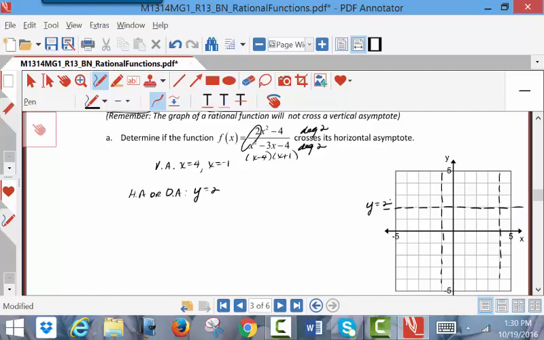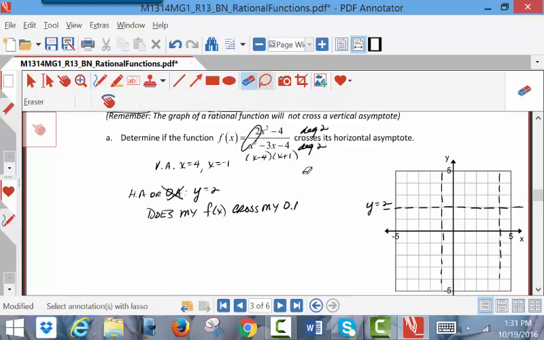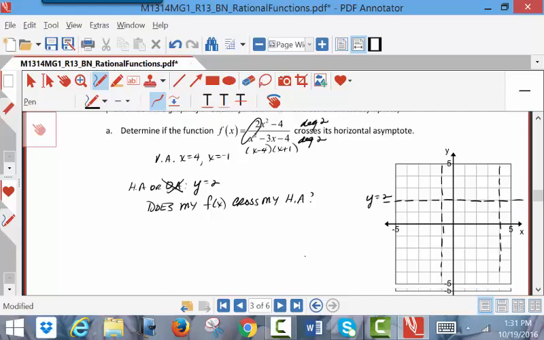It might cross it. So to determine if it's going to cross it or not, does my f of x cross my oblique, it's not oblique, it's horizontal asymptote. Does it cross my horizontal asymptote? That's my question. Well, the way you determine that is you set your original function equal to your horizontal asymptote.